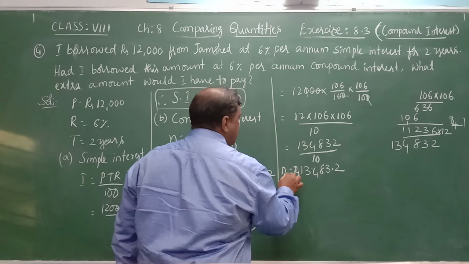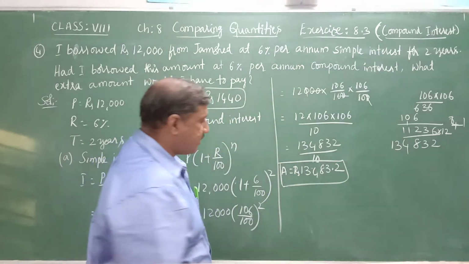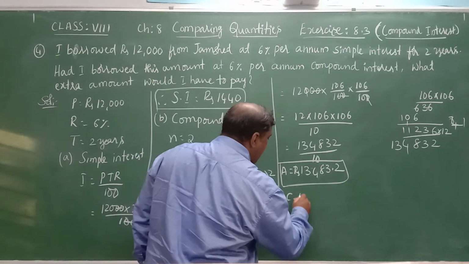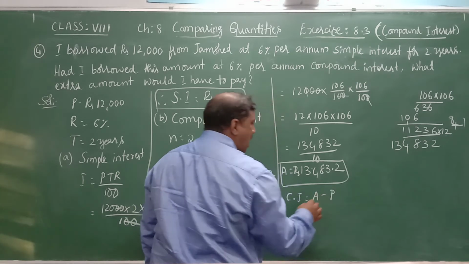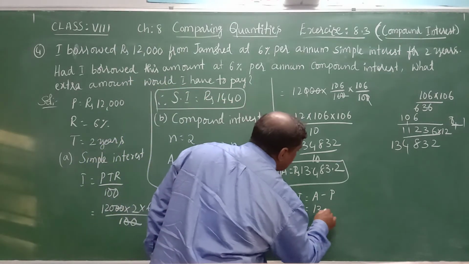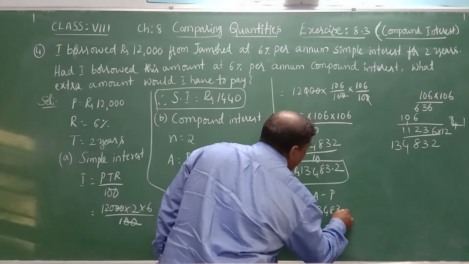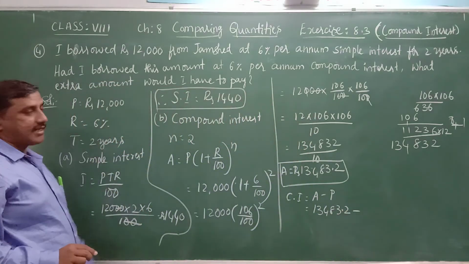This is the amount. Now what do we have to find? Compound interest. So compound interest CI is equal to amount minus principal. Amount is 13,483.2 minus principal.